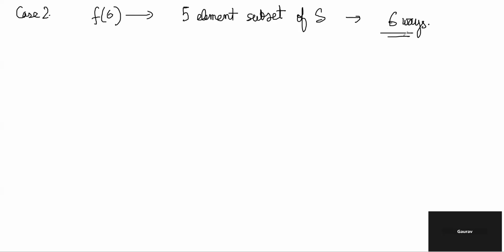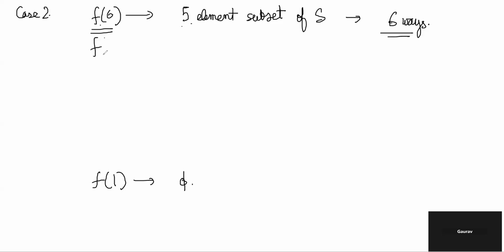So basically, I am making f of 6 a 5-element subset. Earlier, in the previous case, we had done f of 6 as a 6-element subset. Now we have started reducing, like we are not taking f of 6 as 6-element, we are taking f of 6 as 5-element because I want f of 1 to be guaranteed now null set, right?